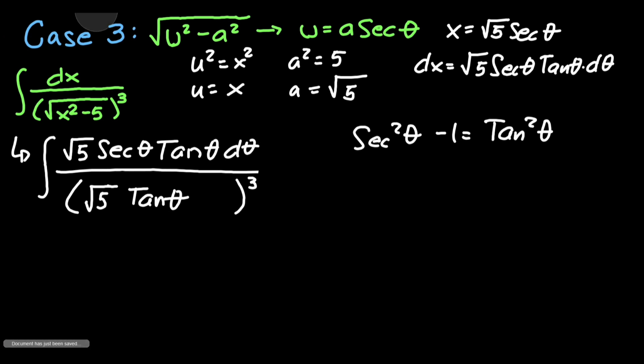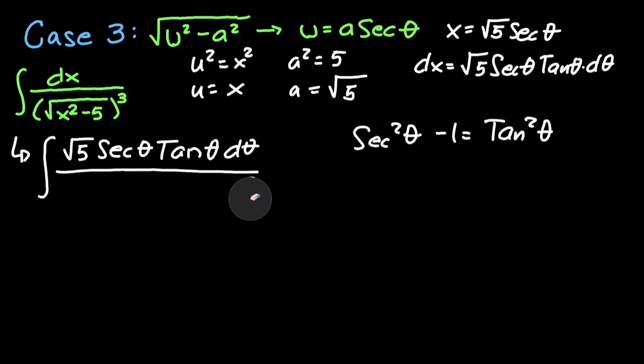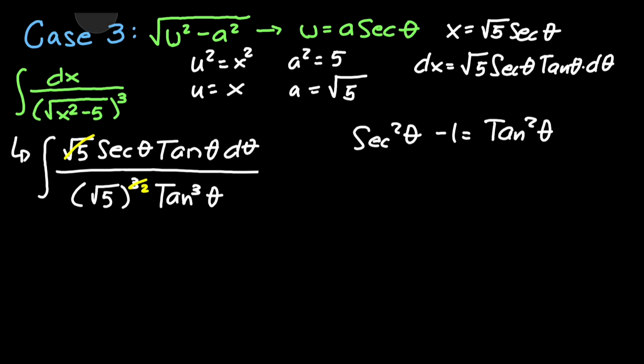So let us simplify this once again. Distribute the cube in here. It would be square root of 5 raised to the power of 3 multiplied by tangent raised to the power of 3 of theta. Square root of 5 and 1 square root of 5 here would cancel. And so, this would be equal to square root of 5 squared.